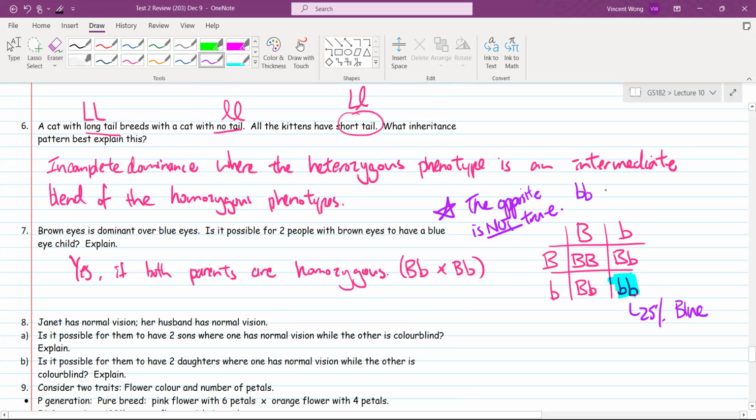If both parents are blue eyes, it's going to be 100% blue eyes. So for recessive traits, it's not possible to have a child with something different, but with dominant traits, it's possible for the kid to be different if the parents are heterozygous, for example.